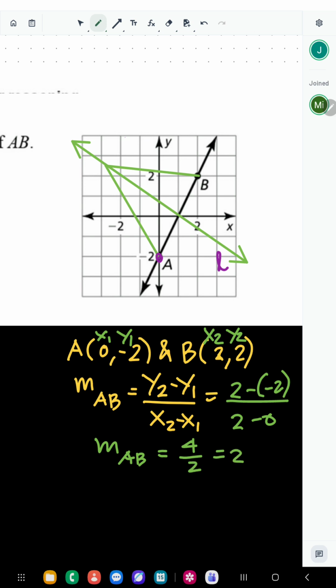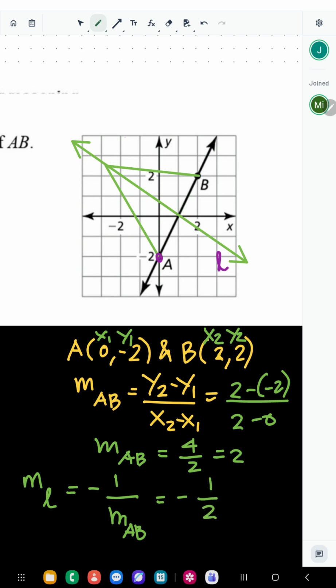Okay, now we need to find the slope of the perpendicular bisector, which is line L. Since it is perpendicular, the slope of line L is just the negative reciprocal of the slope of line AB. So this is negative 1/2.